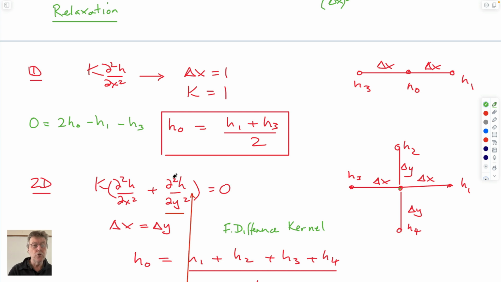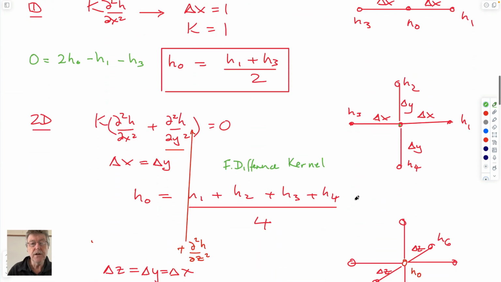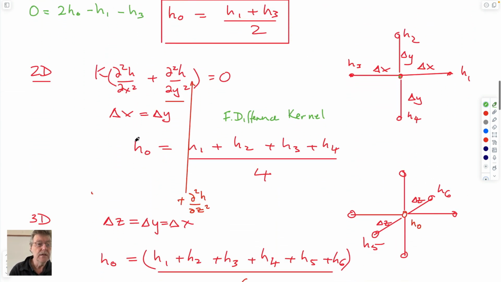If you incorporate d2h dy squared and do exactly the same thing as we did here in the y direction, you can show that the head at the middle node on this cruciform template is: you add 1, 2, 3, and 4 together, divide by 4, and that should be the middle value.